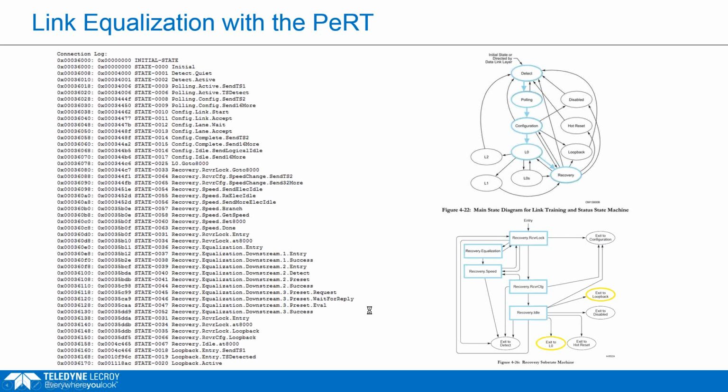I should also mention we can actually set the trigger out from the PeRT at any one of these states in here, or a number of the states in here. So if you wanted to be able to view exactly what your device is doing, you can set a trigger out, for example, in recovery.equalization phase 2, and you can capture on the oscilloscope exactly what your device is doing in phase 2.